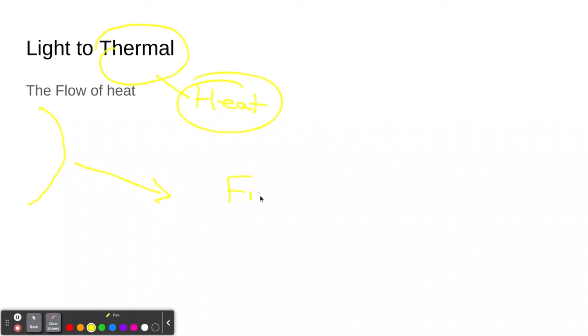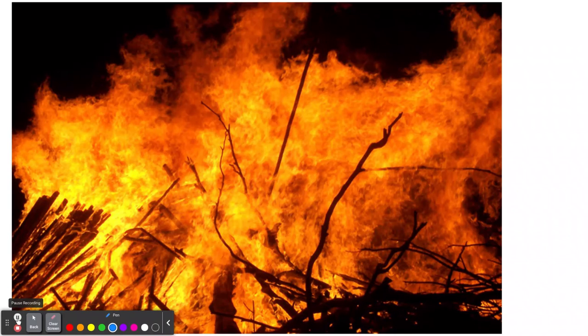Let's think of fire for a minute. Let's get a picture of fire. All right, so here's this fire. And so we'll say fire is made of these elements. It's made of carbon dioxide, CO2. It's also made of this, which you should know by now is water. It's also made of oxygen, nitrogen, right? Those are the elements of fire.